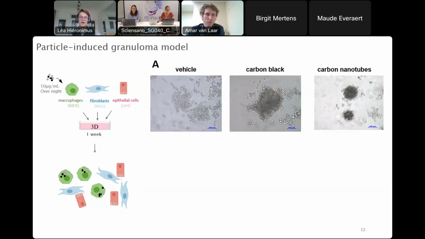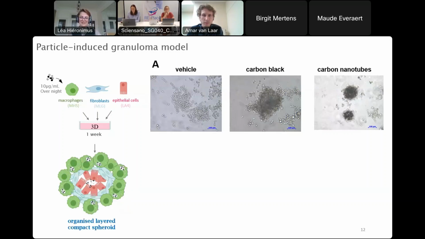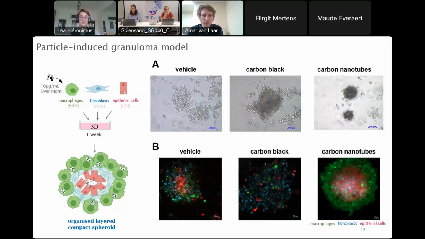So after that, I've repeated the experiment and used different cell staining. Before the co-culture, I've stained macrophages in green, fibroblasts in blue, and epithelial cells using red cell dye. And I've used confocal microscopy this time.